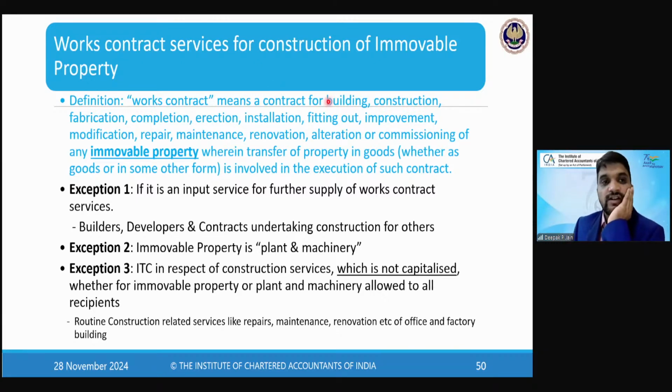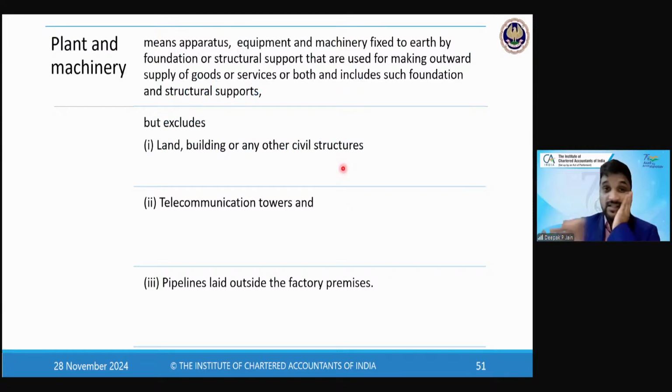Okay, works contract. Then what is plant and machinery, which we are defining? That is also defined. Plant and machinery means apparatus, equipment, and machinery which is fixed to earth by foundation or structural support that are used for making outward supply of goods or services and include such foundation and structures.